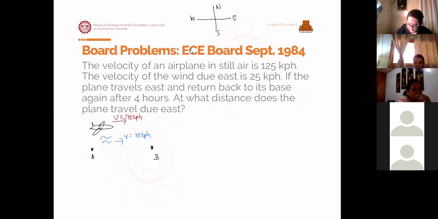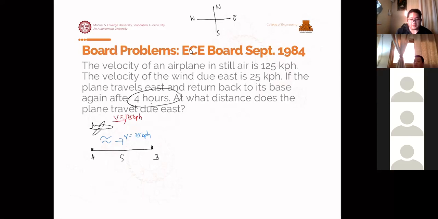So, ito yung S natin. Pero nakalagay dito, if the plane travels east and return back to its base again after 4 hours. Yung 4 hours tinutukoy dito is yung total time from A to B, then B to A. Okay?